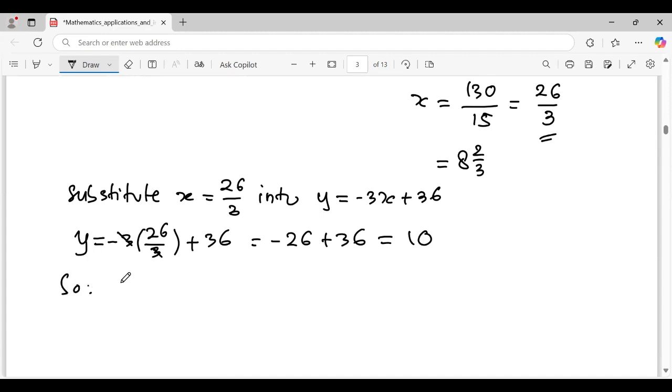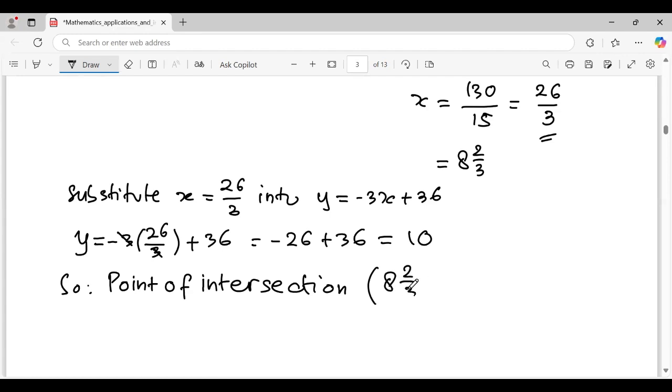So the point of intersection is 26 third, comma 10, or in decimal 8.666 and so on, comma 10.